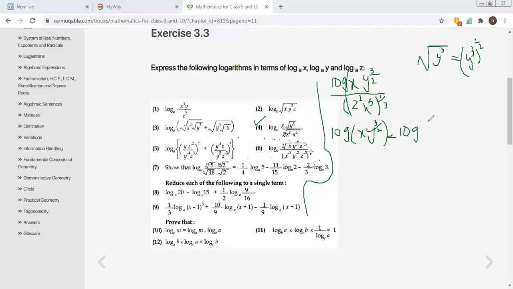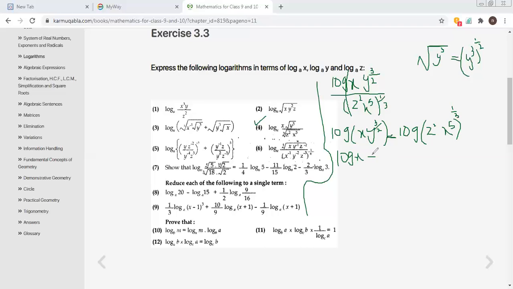Log of z square and x5 and whole power 1/3. Is there any confusion? No, miss. Now you can see that the first term is in product form, so open the bracket and apply law number 1.